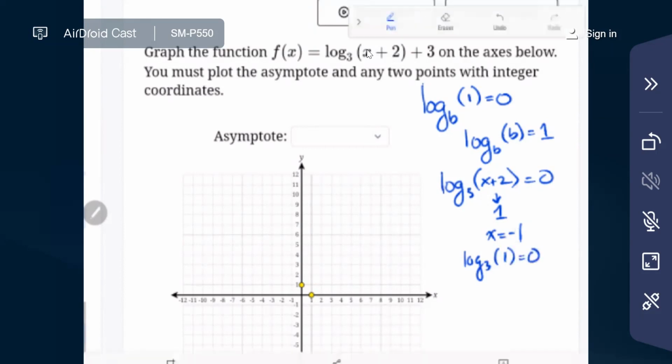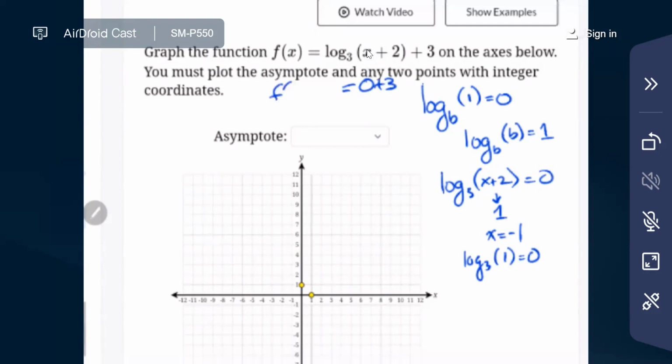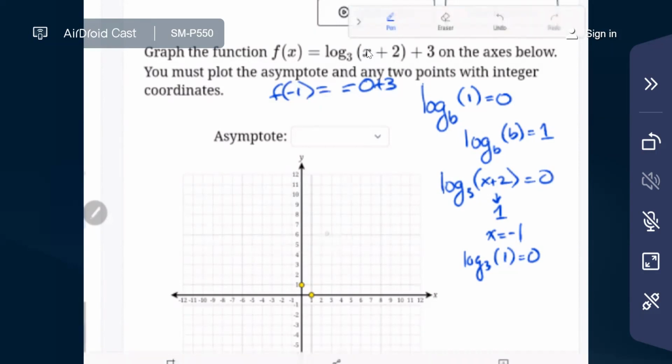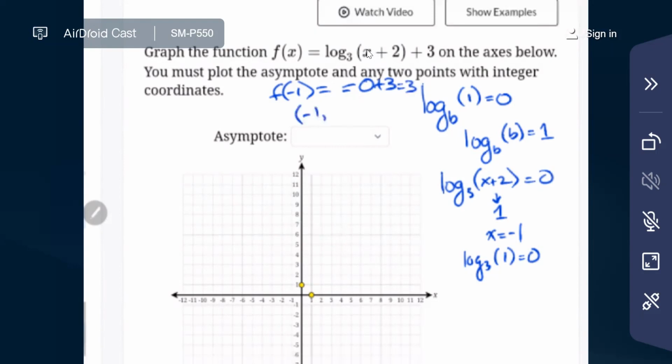And when I plug a 0 in up here, I have 0 plus 3. So that means when x is -1, y is 3. So that's one of my points, which is -1 and 3.